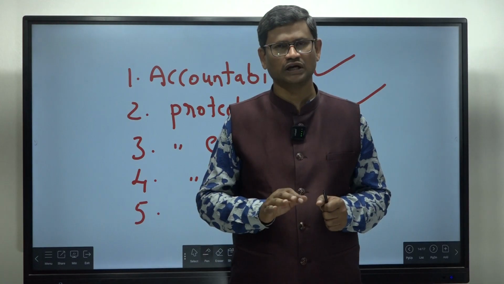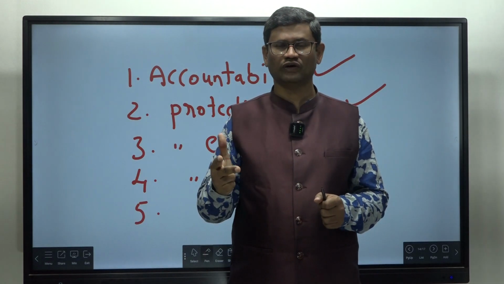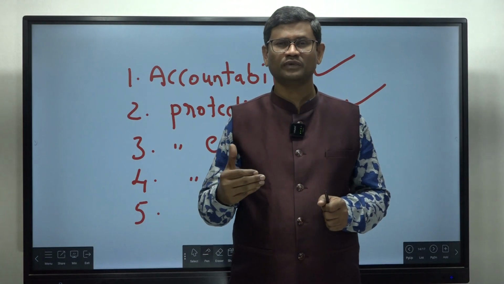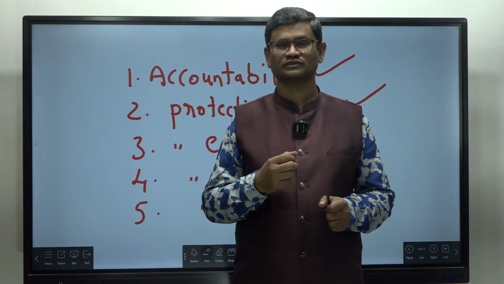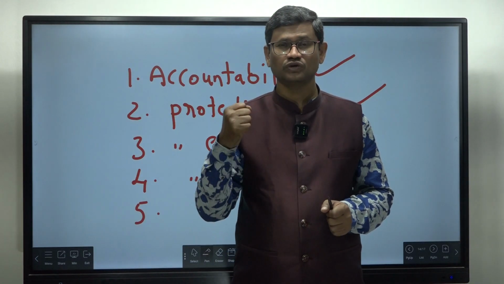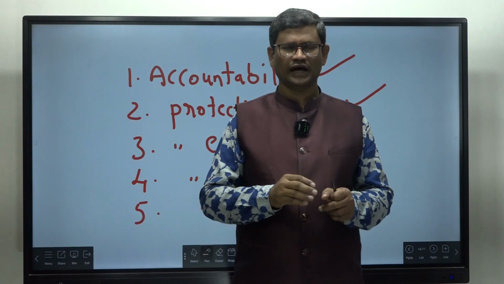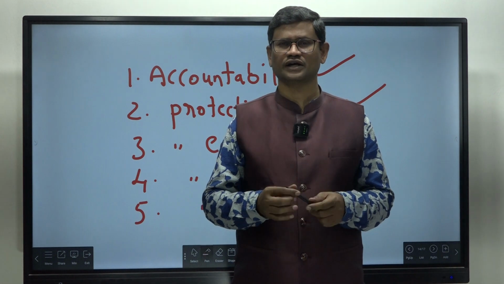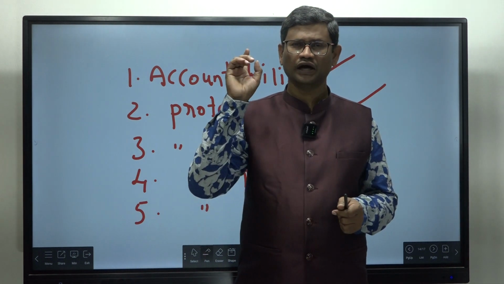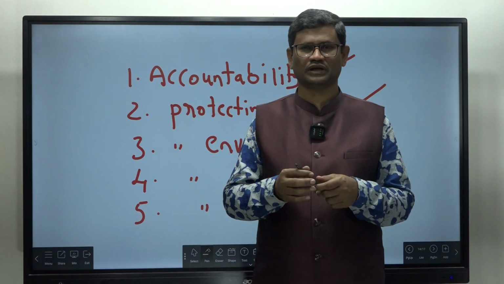The Supreme Court said a right to life includes right to health, right to education, right to livelihood, a right to healthy environment, right to free legal aid, right to privacy. So this is the effect of judicial activism. So the Indian Supreme Court has widely expanded the meaning of right to life under Article 21. It has not only protected the fundamental rights, it has also expanded the meaning of the fundamental rights.